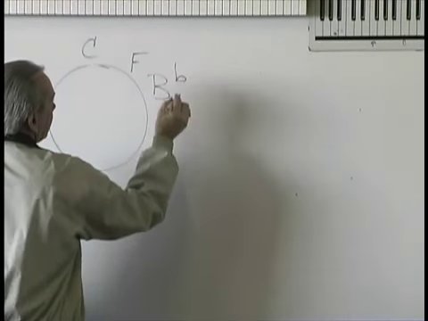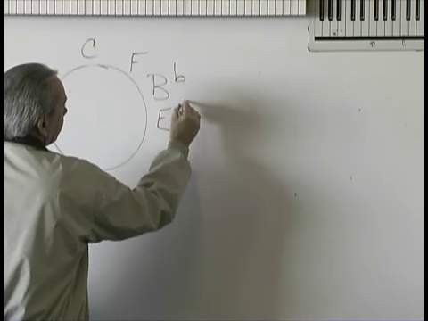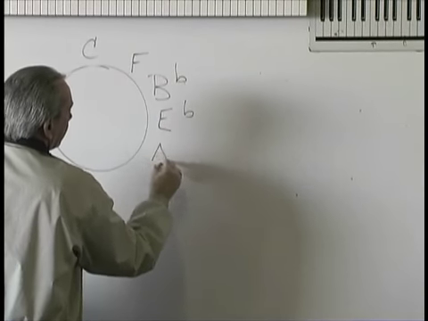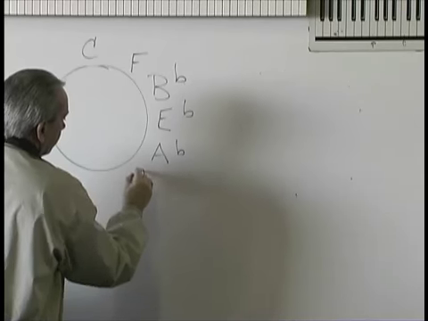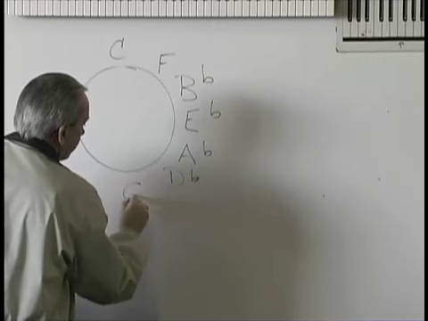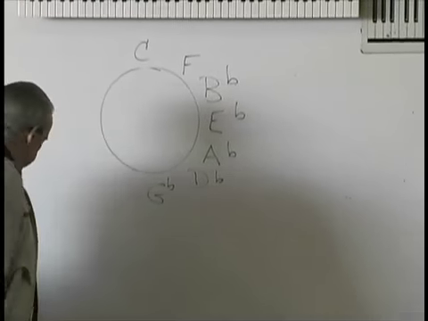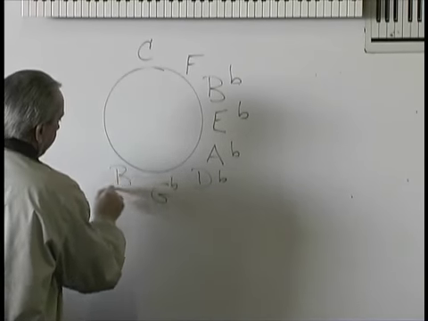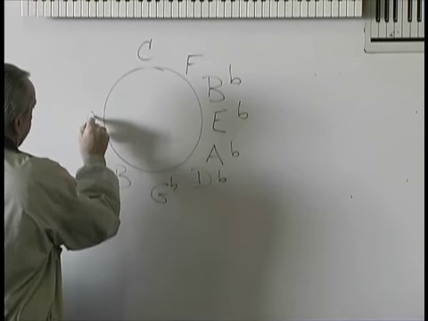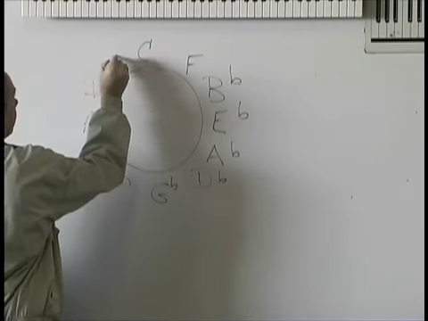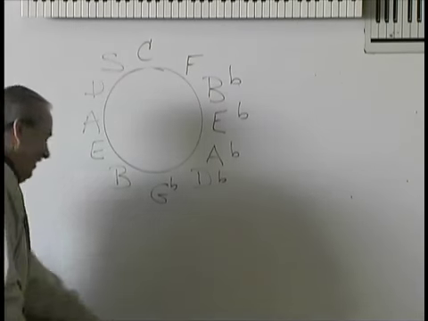E flat. Let's go say it together. 4 o'clock is A flat. D flat. G flat at 6 o'clock. And then coming up the back is B, E, A, D, and G.